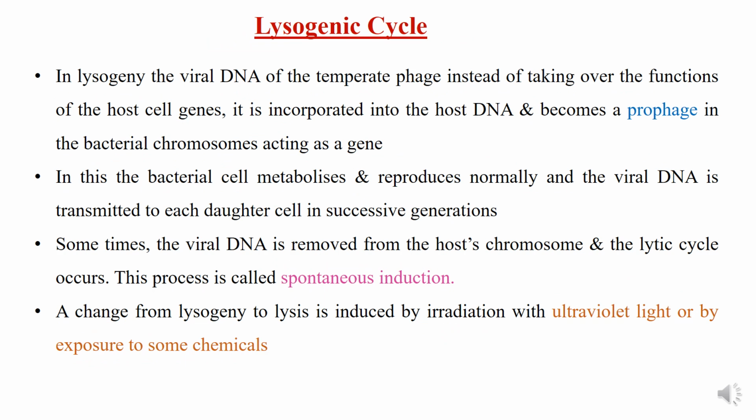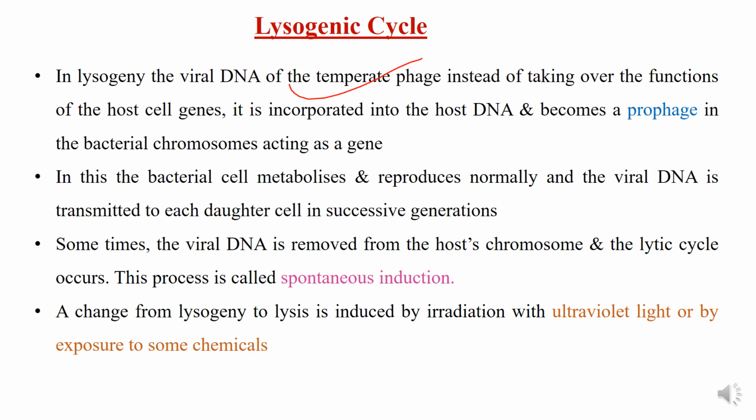Coming to the lysogenic cycle, as already discussed, in lysogeny the viral DNA of the temperate phage, instead of taking over the functions of the host cell genes, incorporates into the host DNA and becomes a prophage in the bacterial chromosome, acting as a gene. What is this prophage? Prophage is a stage where integration of the viral nucleic acid into the bacterial chromosome takes place.